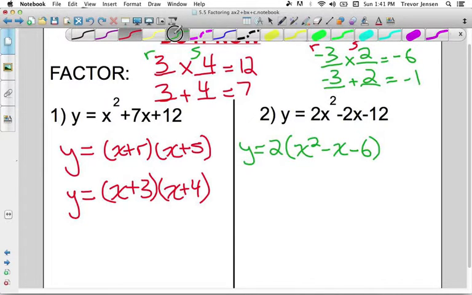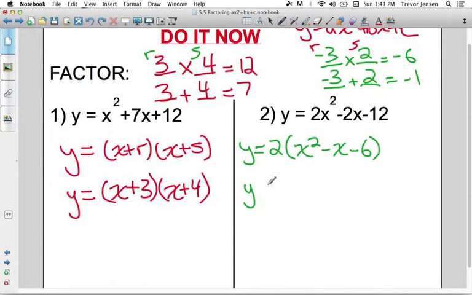So let's do that. I'm going to leave my 2 out front. Don't forget that 2 has to stay there. And now I'm going to plug in my -3 and 2 for r and s into the expression x plus r times x plus s to get my factors for the quadratic x squared minus x minus 6.